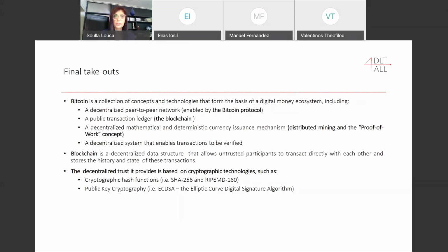In terms of Bitcoin, the proof of work is a decentralized system that enables transactions to be verified. Simply to remember this.